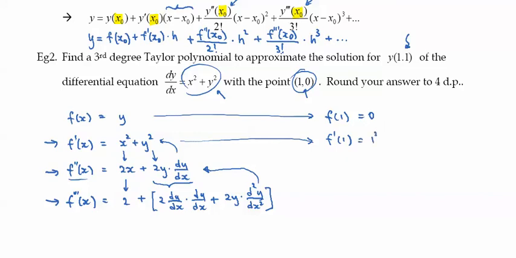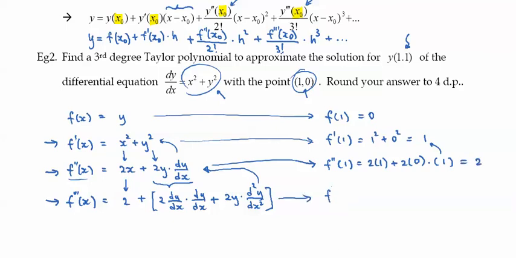I have x squared plus y squared, and as you calculate it, we have 1. And then for f double prime, we will end up with 2 times x plus 2 times y times dy dx, which is the value from the above. And that calculates to a 2.